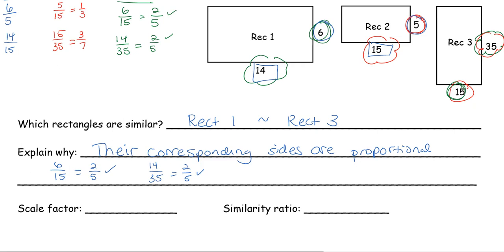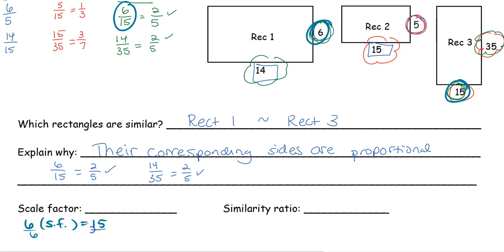If you think back to the transformation unit, remember these two numbers are always going to be reciprocals of each other. So let's just look at the scale factor, find 2 corresponding sides. So we know that 6 and 15 correspond, the smallest one to the smallest one. So 6 times what scale factor is going to give us 15?